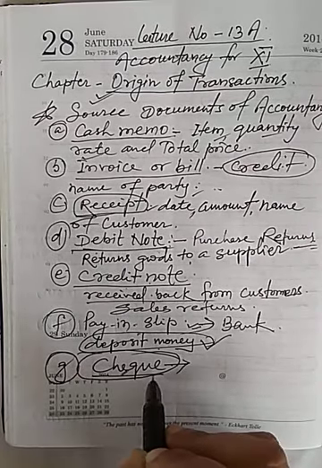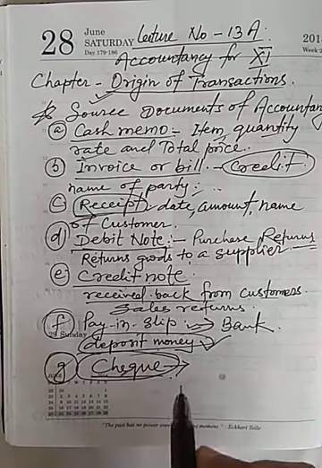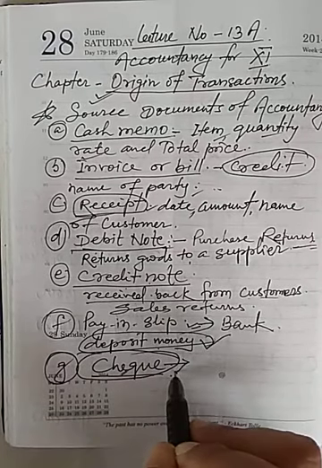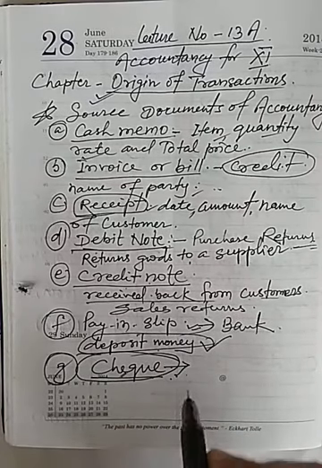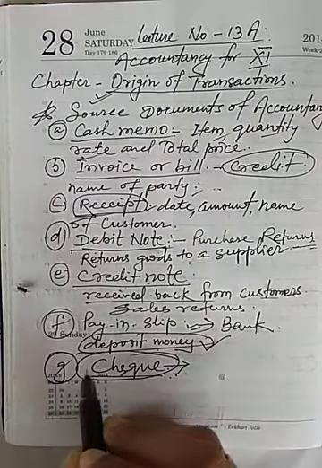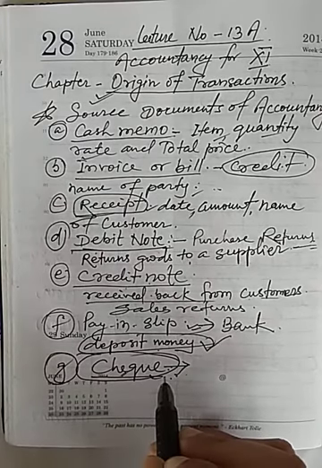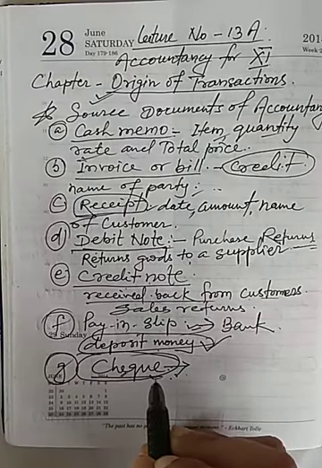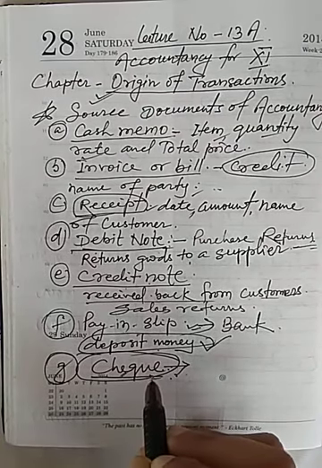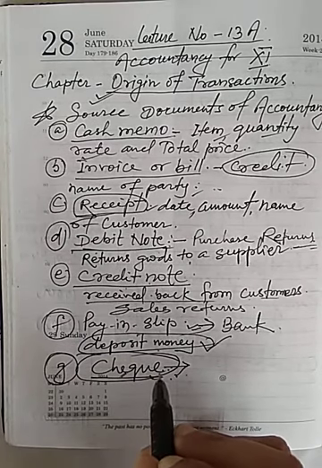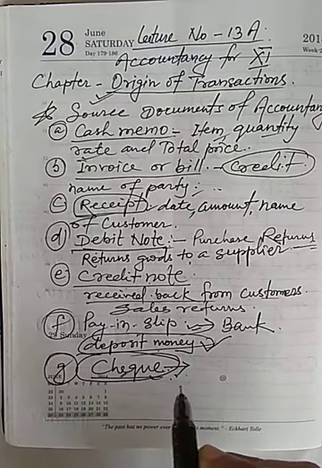A check is an order in writing drawn upon a bank to pay a specified sum to the bearer or the person named in it. Each check has a counterfoil in which the same details as entered in the check are filled. The counterfoil remains with the account holder for future reference.